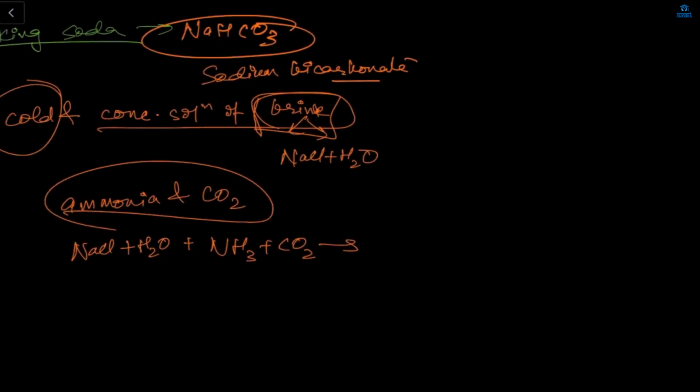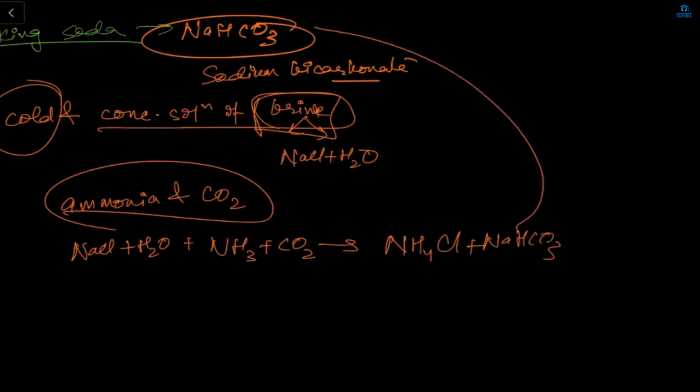So what will we get? We will get NH4Cl and NaHCO3. What is my NaHCO3? NaHCO3 is my baking soda. Now you got it? Here we are just treating the brine solution with ammonia and carbon dioxide.